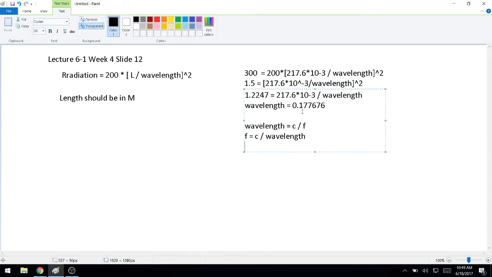And so frequency equals 3.0 times 10 to the 8th divided by 0.177676. And that gives me a frequency of 1.688 gigahertz.